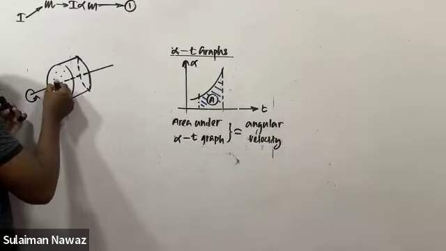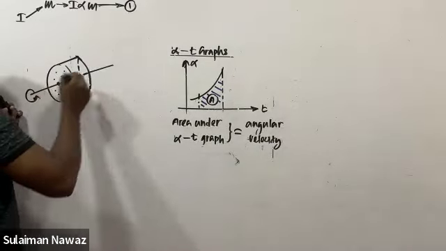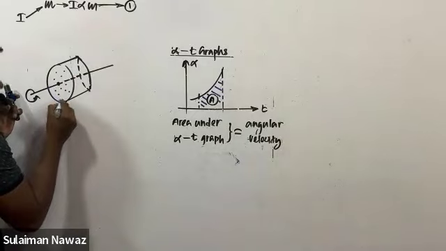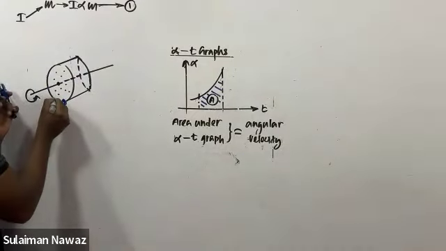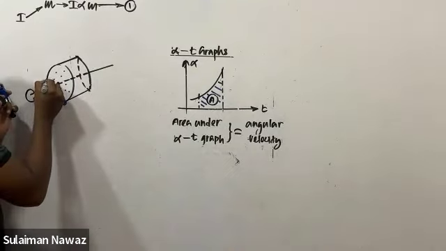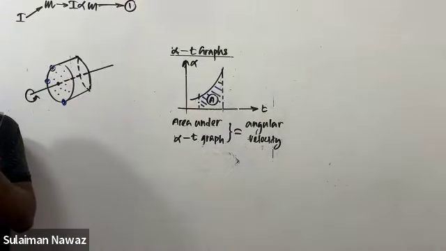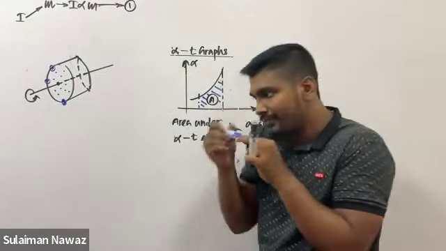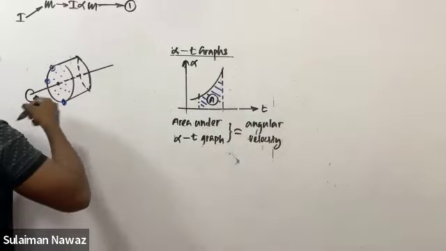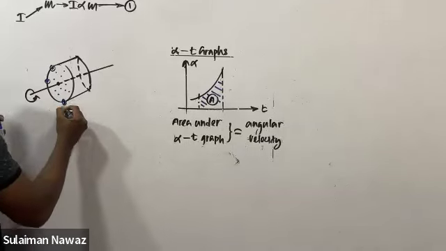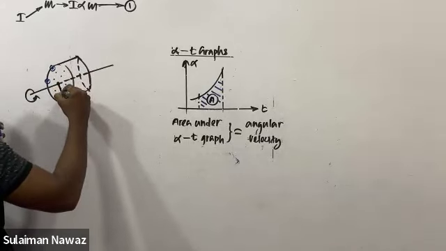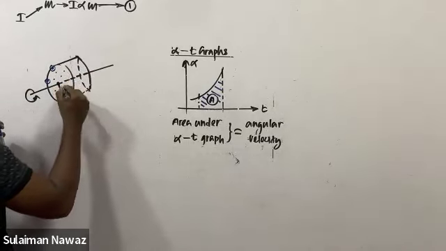The particles at the circular circumference have the largest distance from the axis, am I correct? So the distance to the particle which is at the largest distance from the axis, I mark it as simple r.